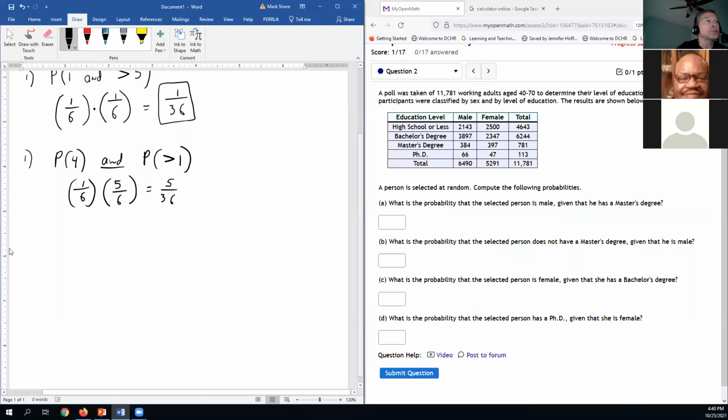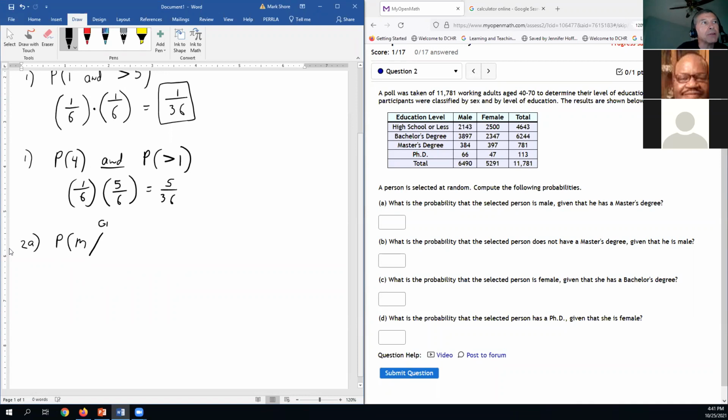So on problem number 2, part A, it says, what is the probability that the selected person is male given that he has a master's degree? So let me write this out. Probability of male. Now, you don't have to know this little symbol here, but this little symbol, a slash mark, means given.